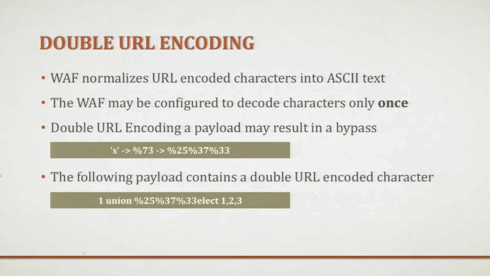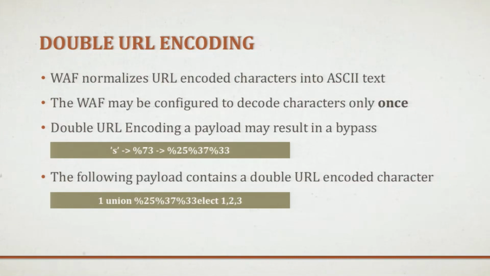So we double URL encode a character, for instance S. If we encode S, we get %73. What we then do is to convert %73 again in URL and get %25, %37, %33.